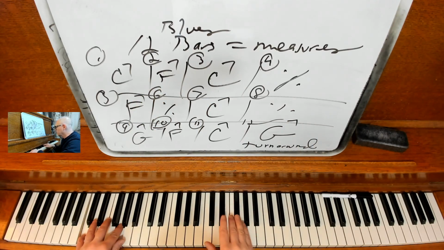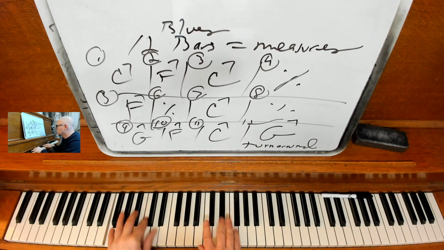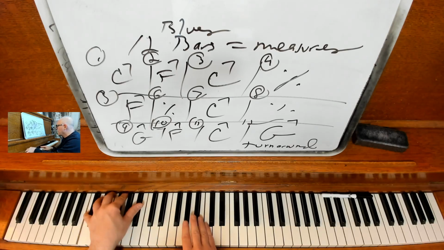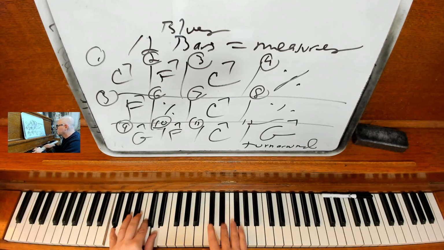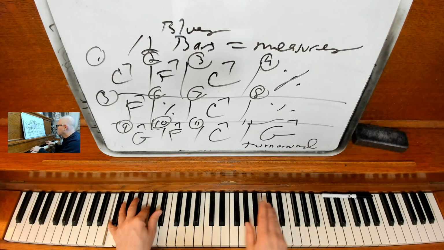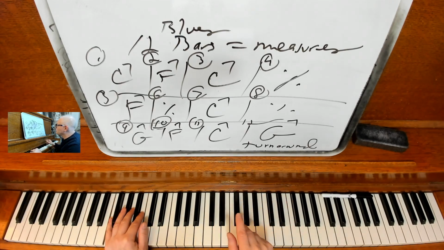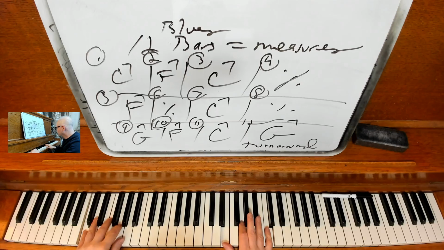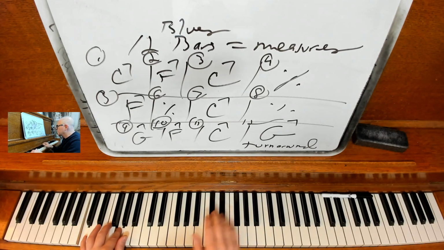I could play 1, F, but for some reason it sounds wrong, and it kind of loses some of its tension. You have to incorporate it a little bit better with harmony.